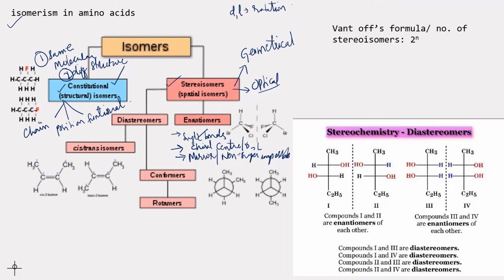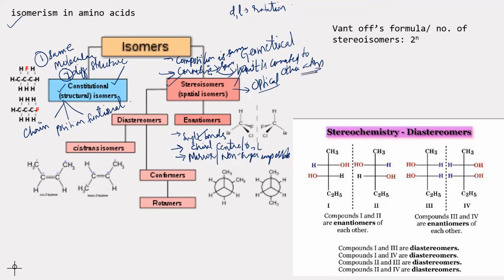The composition is the same. In stereoisomers the composition is the same, but the connectivity is a little different. Over here the connectivity is also the same, but how it is connected to the other atoms is different.